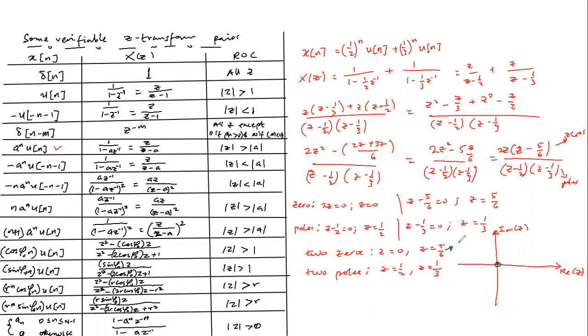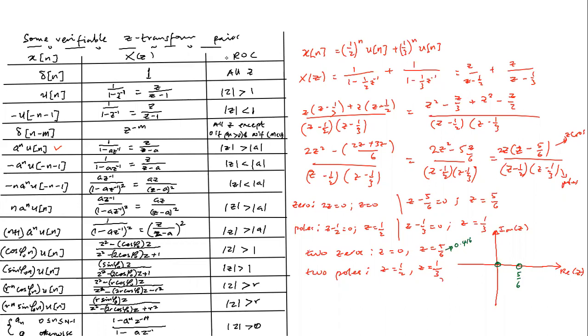That's about 0.83, right? So let's say we have that somewhere around here, 5 over 6. So remember we said we use circles to denote zeros and we use x sign to denote poles. So then how many poles do we have? We have two poles. So we have a pole at this. So 1 over 3 is about, let's use another color.